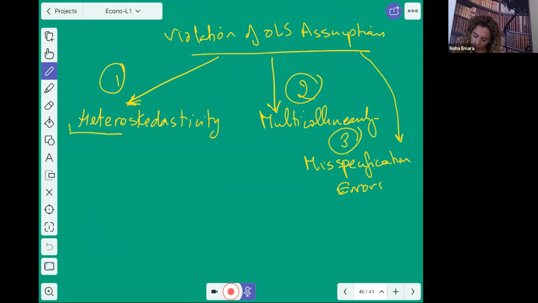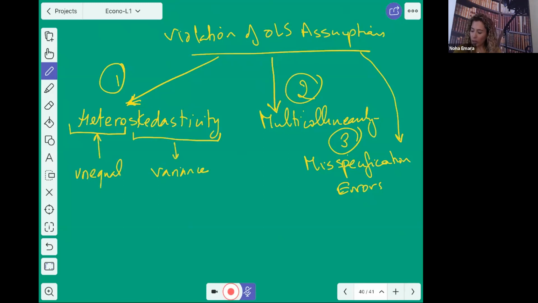The first part, hetero, means unequal, and skedasticity, it's a Latin word and it means variance. So it's a problem of unequal variance.